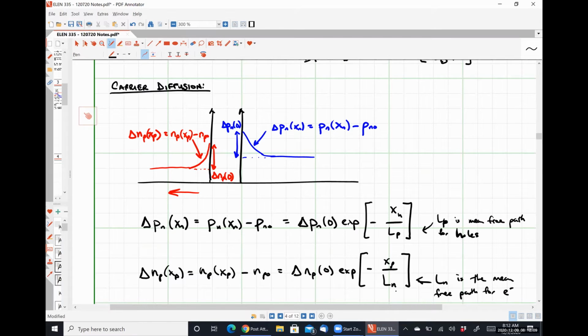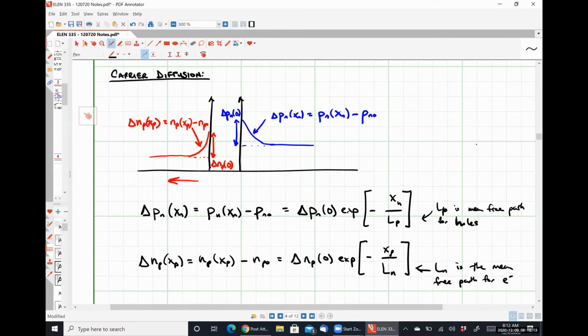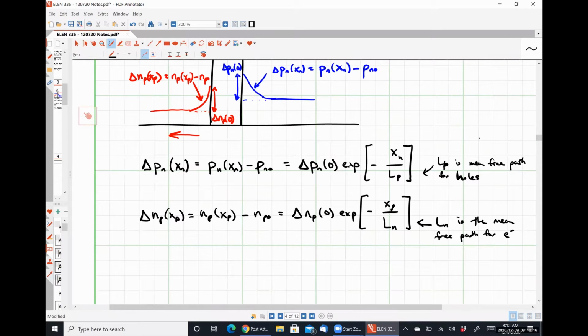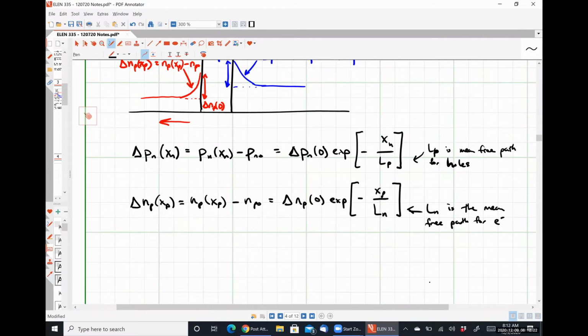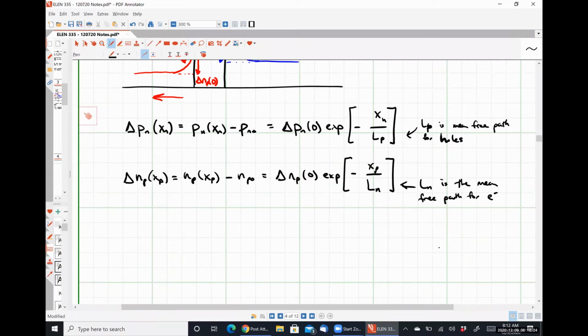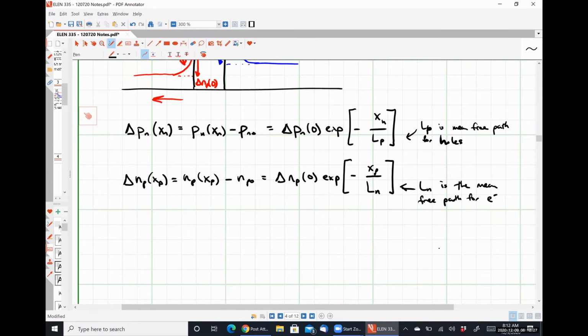All right, now that the minority carrier concentrations are well defined, this allows us to determine the diffusion current density.